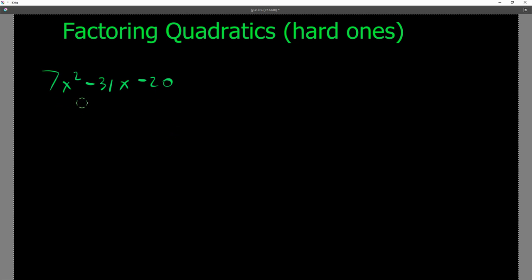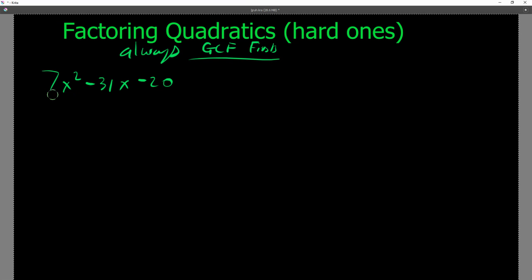All right, so the numbers are a little bit hard, but it's not really that confusing with the way that we do it. Okay, so the first step is always GCF first.